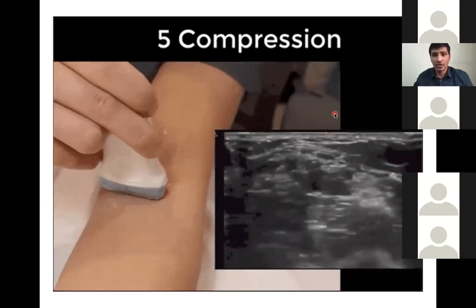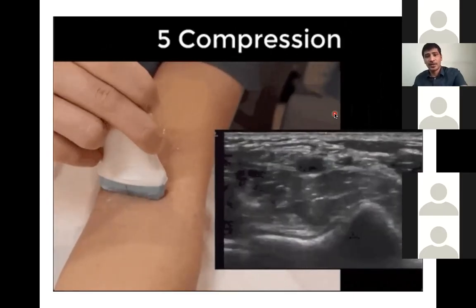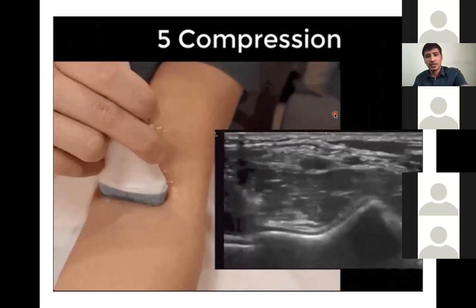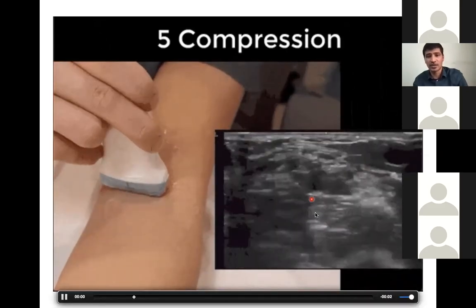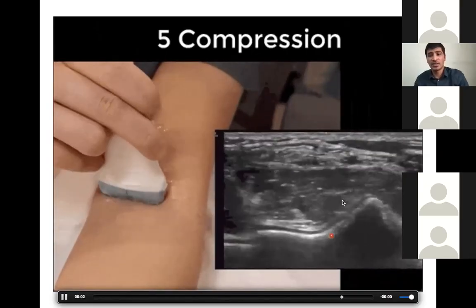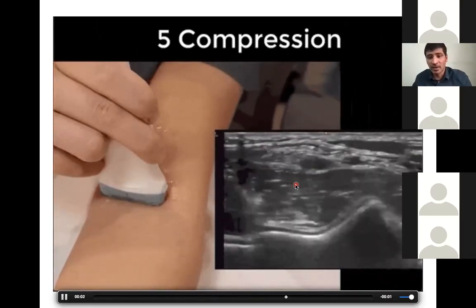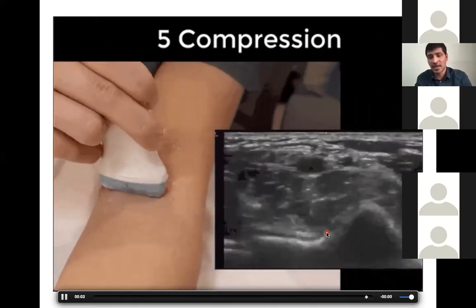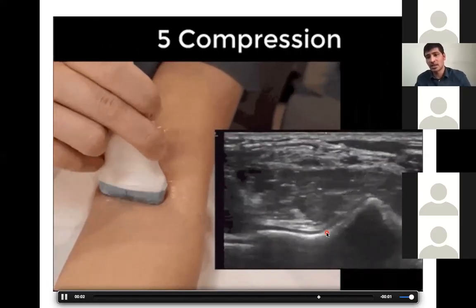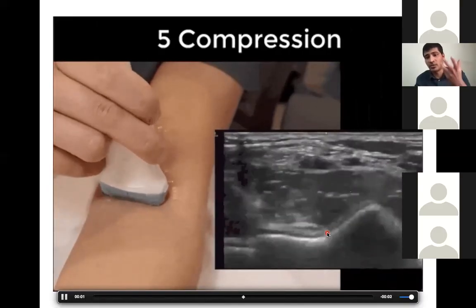So you can see how it goes, like compression, see? With this compression, you can see that the deeper image is coming up with just the compression. So this is how we get a better image, just by compressing. Sometimes the animal may not be comfortable, but in some cases we can compress and we get a better image.